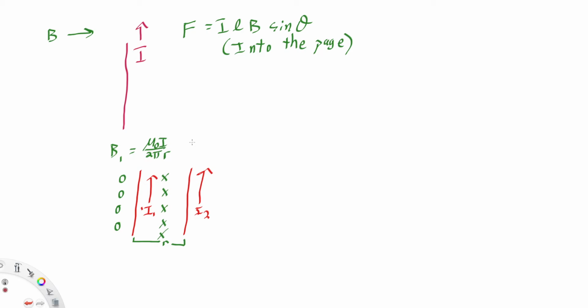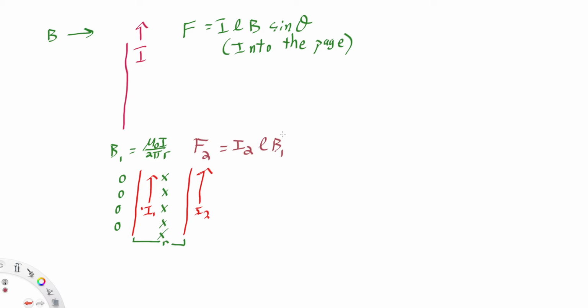So the force on wire 2, right, is going to be I2 L B1, right? And what direction is the force on wire 2 due to this B field?